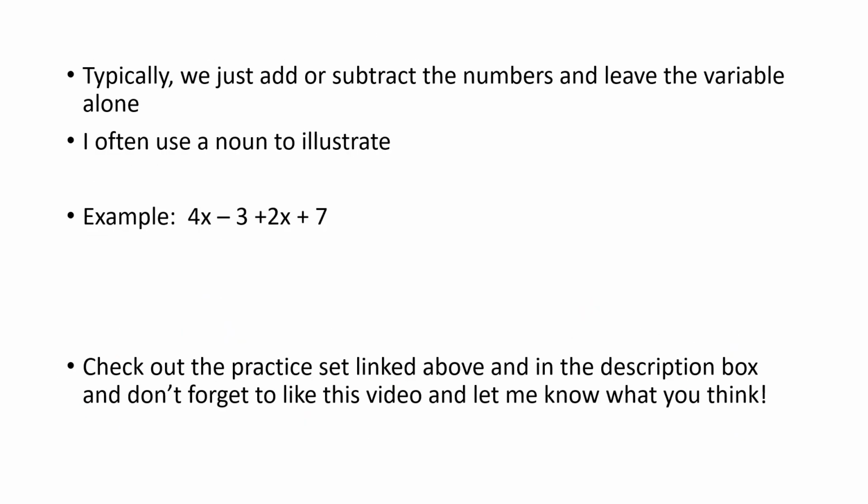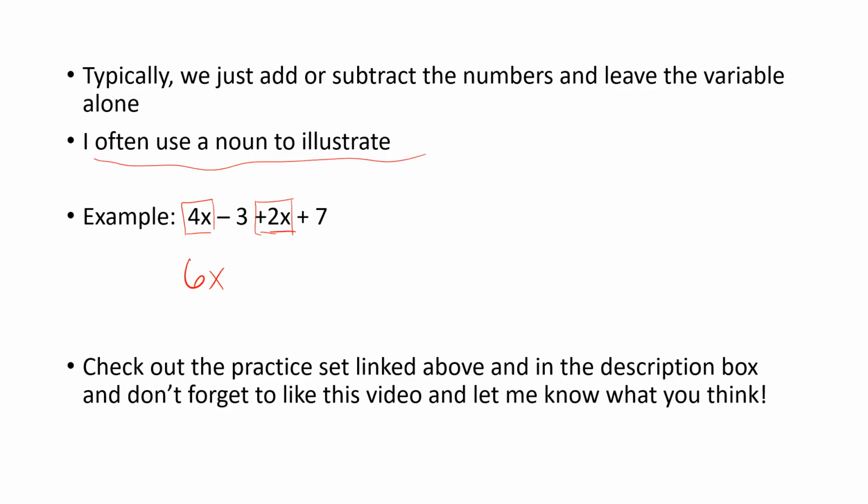Now, typically we just add or subtract the numbers and we leave the variable alone. So I'll show you in this example here, we would not do that weird step where we try to pull it out. What we would do is look at this. We would say, I see a 4x plus a 2x, and I would say 4 x's plus 2 x's gives me 6 x's. I often use a noun to illustrate that.